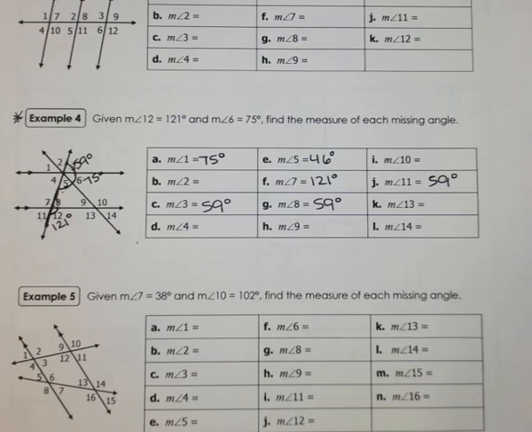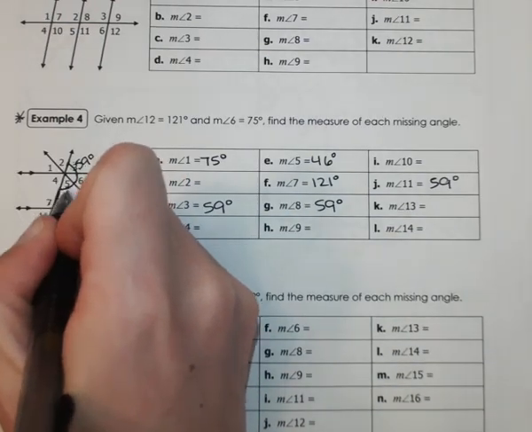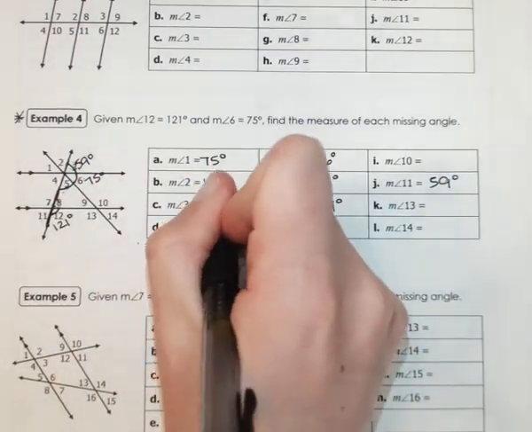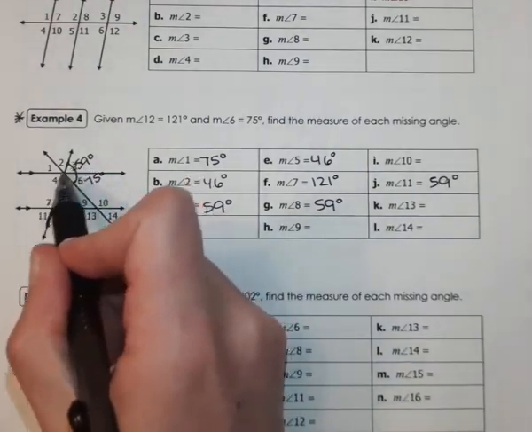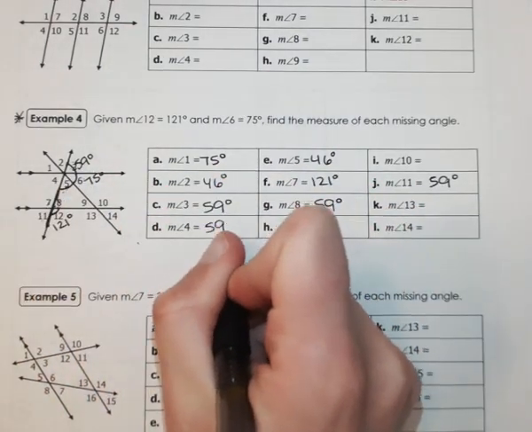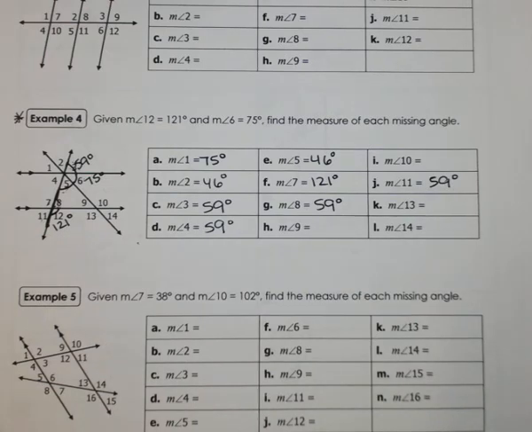Which is going to help me find measure of angle 2 because 2 and 5 are vertical angles. They share the same vertex. So it's like a big puzzle. I love these problems. Angle 4 is 59 degrees because they're also vertical angles. So go ahead and fill that one in. Ooh, measure of angle 9.